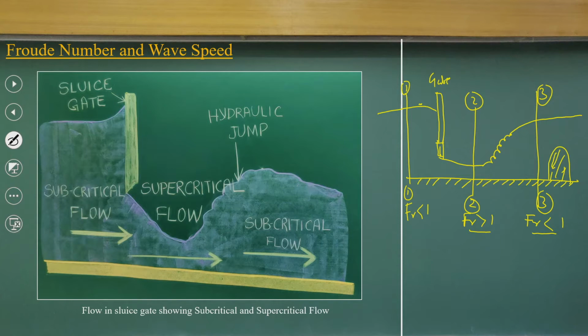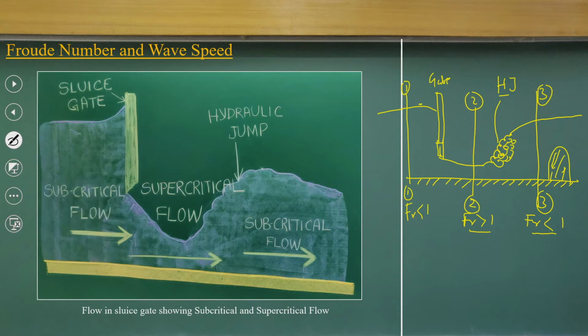When the flow passes from supercritical to subcritical within a very limited range, a lot of turbulent structures are created, with a lot of mixing. That is what we call a hydraulic jump.